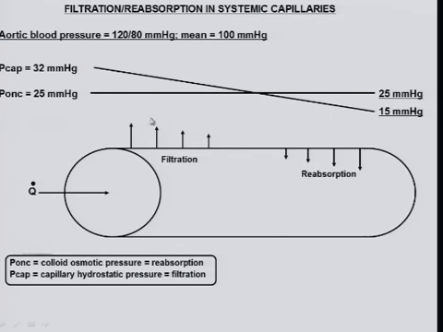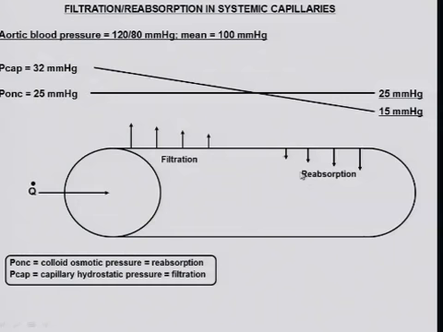Now as we go further down the capillary and we get toward the venous circulation end of the capillary, the pressure drops even more. So it drops down to about 15 millimeters of mercury. Now as you see, as we cross this balance here, the pressure outside the vessel is higher than the pressure inside the vessel.